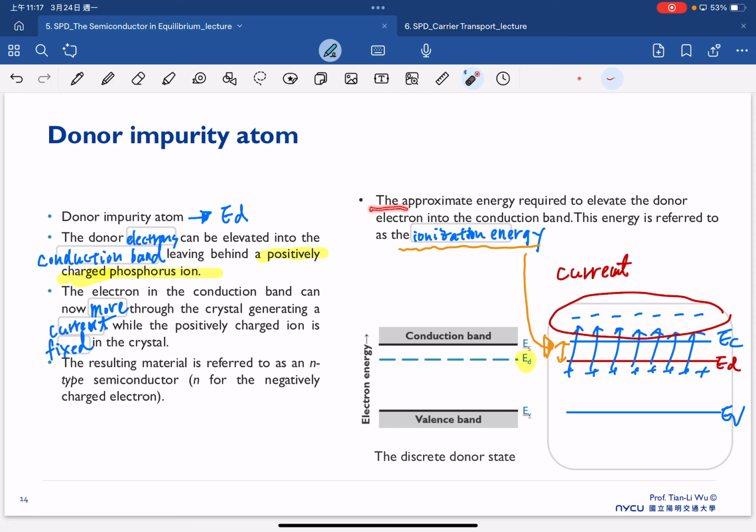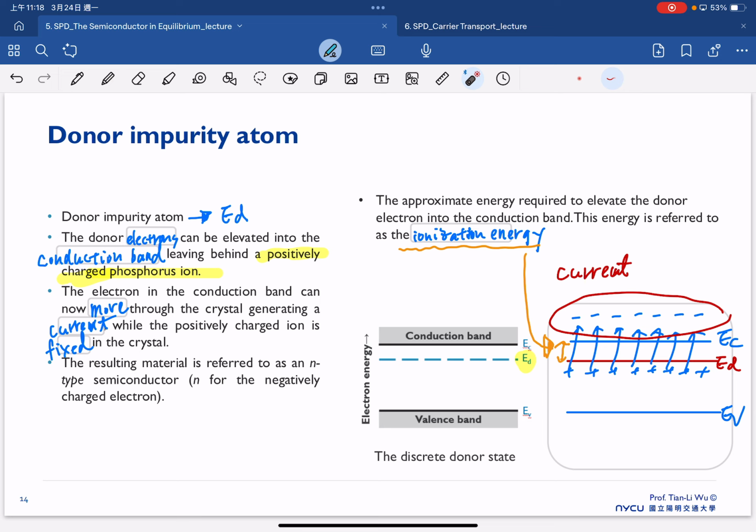The approximate energy required to elevate the donor electron to the conduction band is referred to as the ionization energy. Ionize is not a term we typically learned in the past, and if you try to translate it into Mandarin, it is also still very difficult to understand.